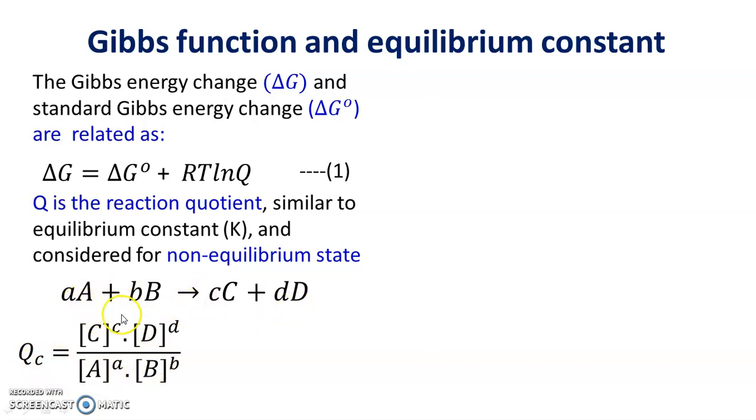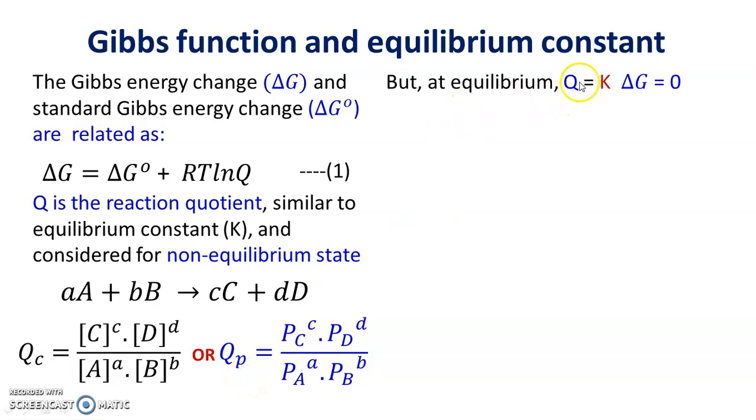If the reactants and products are in gaseous state, then we consider the Qp. It is equal to partial pressure of C raised to c into partial pressure of D raised to d upon partial pressure of A raised to a into partial pressure of B raised to b. So this is Qc and Qp, which are analogous to Kc and Kp.